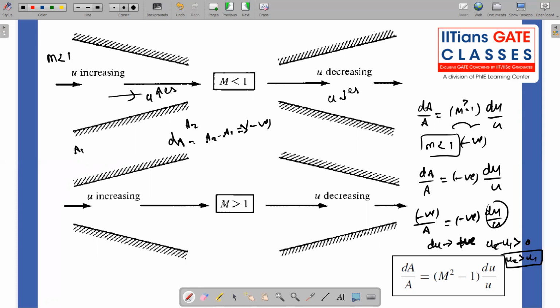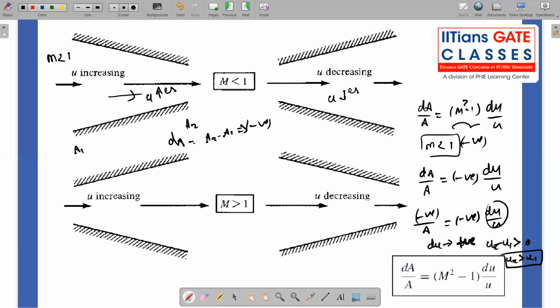Now, to make flow accelerate from subsonic to supersonic, we need first a converging duct through which a subsonic flow accelerates, and at some point it reaches a sonic condition and then it has to accelerate further.